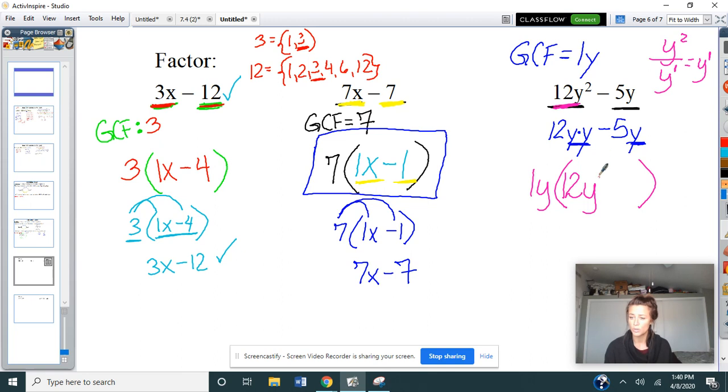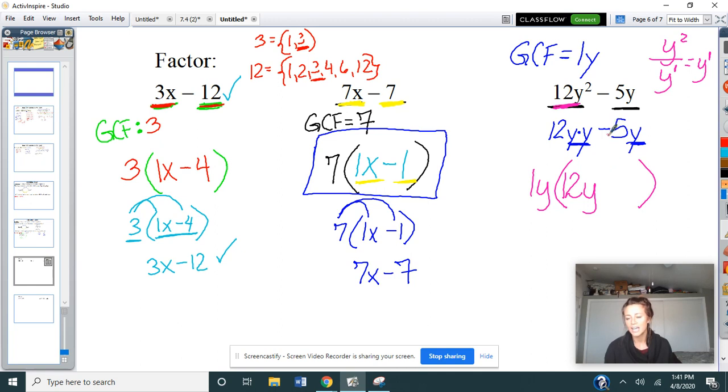So you can put a little 1 there if you want, but you don't have to. There's an automatic 1. Or you can just think about it like I just did with my fingers. We have 2 y's, and we're factoring out one of them. We're taking 1 away, which means we're left with just 1 y. Just not 1 y, just y. So I have that here.